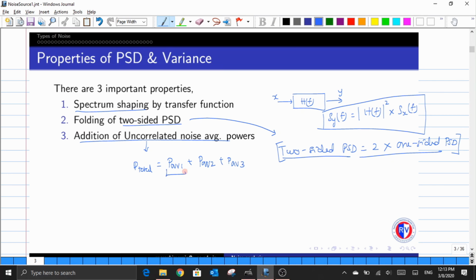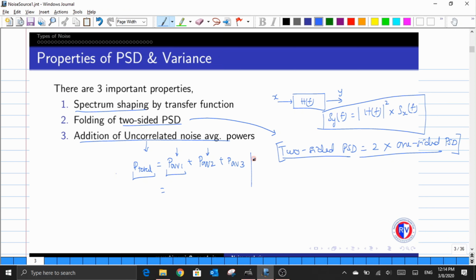Note that in order to calculate the total output power, we are adding the noise contributed by each individual source's power terms. It is not the addition of the sources and then taking the whole square of it. Hope that you're clear, and this becomes much clearer when we do some problems.